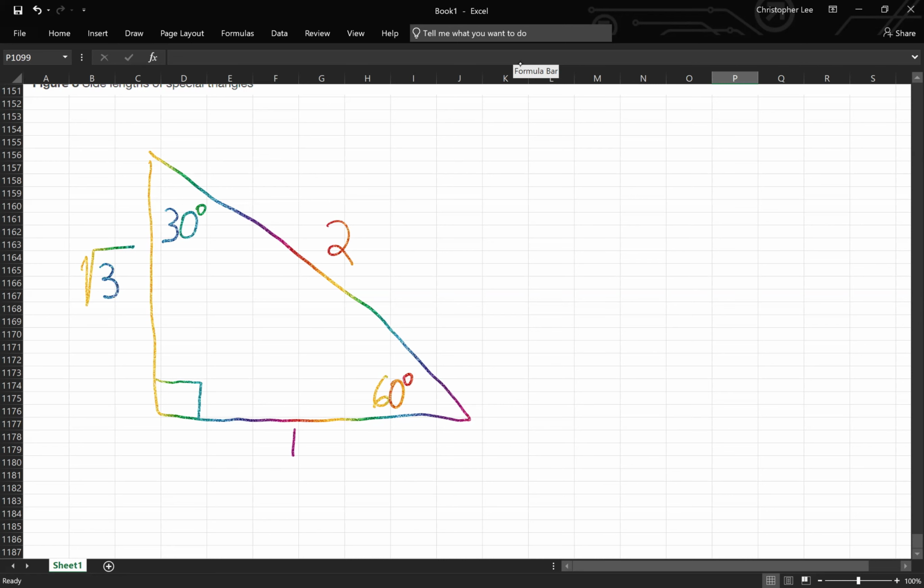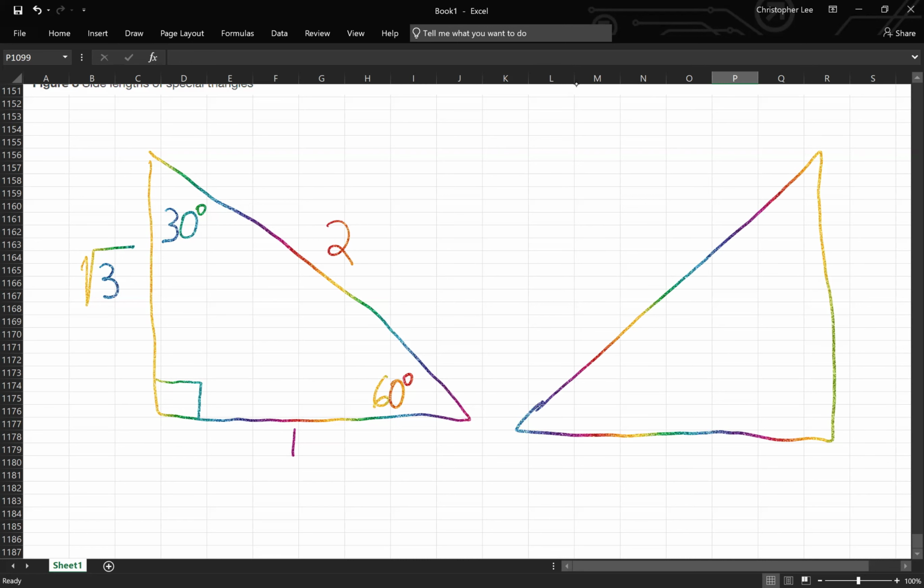Very simple. This is my other special right triangle. This is a 45-degree, 45-degree right triangle, right? The legs will be 1, 1, and then radical 2. Okay? Does this make sense to everybody?